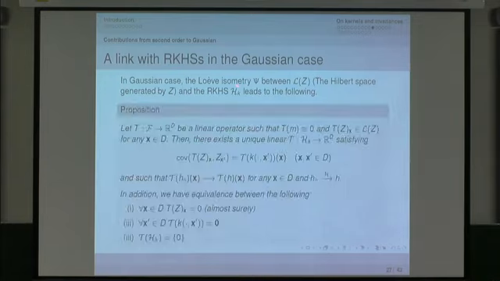And if you use that, then you can show, for a linear operator T such that T of the field at any given x is an element of the Hilbert space generated by the process, that there exists an operator curly T, which is not defined on the path space but is defined on the RKHS, such that you can take this T out of the covariance and it becomes a curly T. So the covariance between T of Z and Z at x prime is equal to curly T of the kernel applied at the point x.